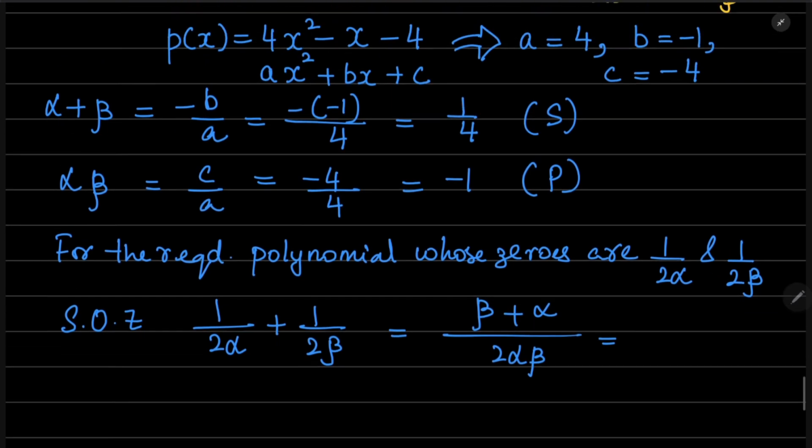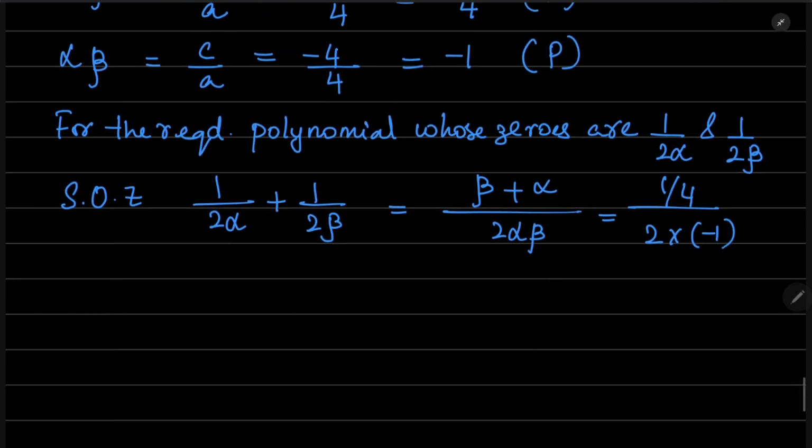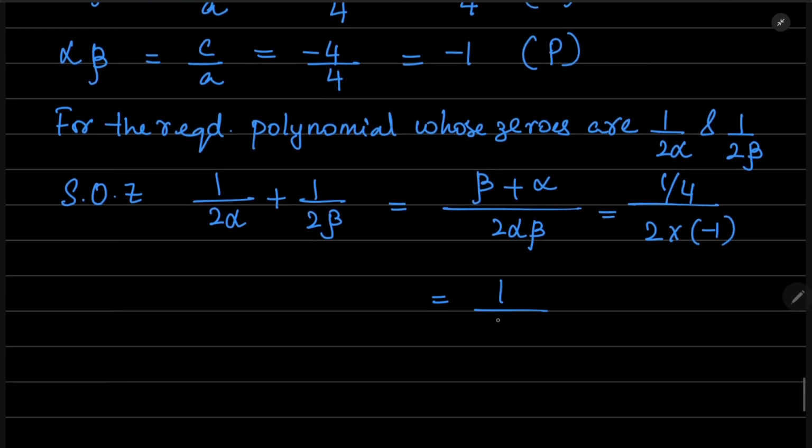From our given polynomial, alpha plus beta is 1 by 4, so I'm going to write 1 by 4 divided by 2 multiplied by alpha beta, which is minus 1. This will be 1 divided by 4 into 2 into minus 1, so it is 1 by 4 multiplied by minus 2, which is minus 1 by 8. This is the new sum of zeros for the required polynomial.